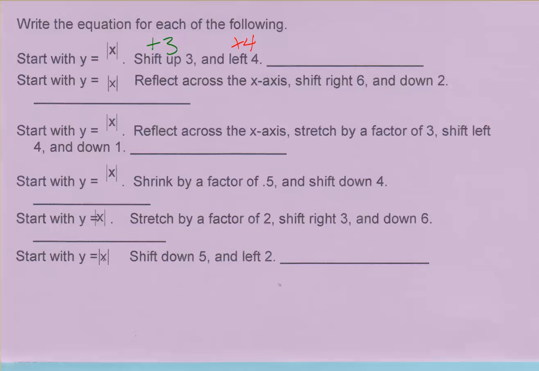So our new equation will be y equals the absolute value of x plus 4. And then at the very, very end, you add 3. So that's where I got those numbers from. That's why I am color coding.